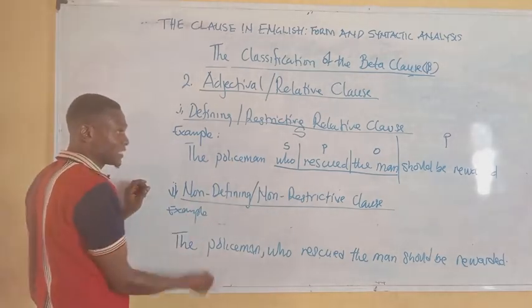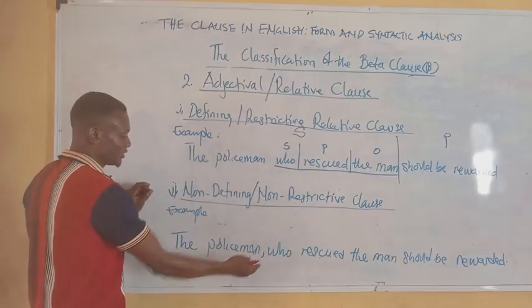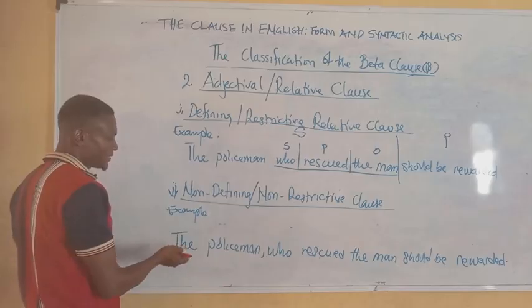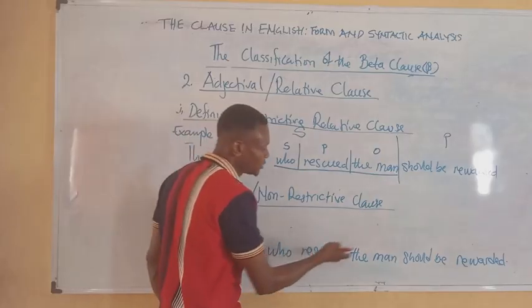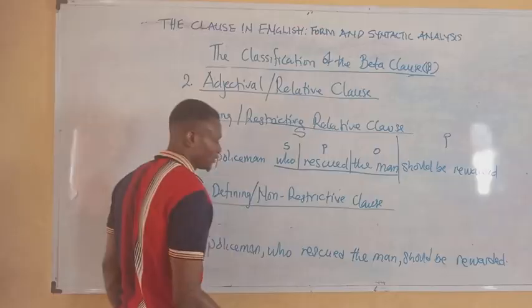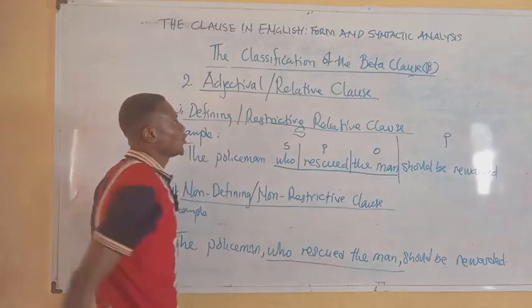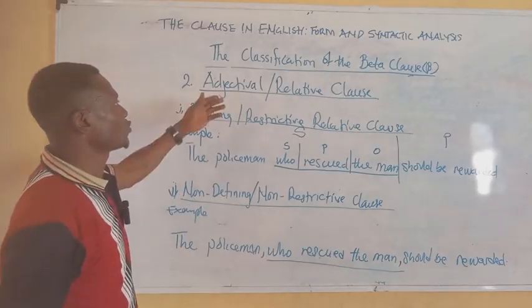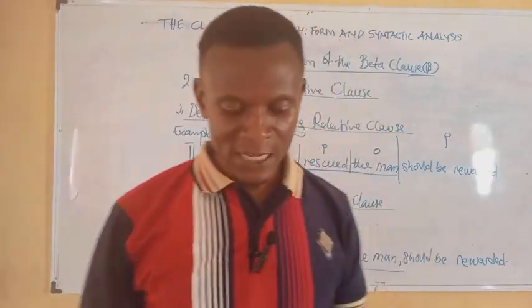So it's the same statement, just that here there is a comma: The policeman, who rescued the man, should be rewarded. So who rescued the man has the same analysis as what we have here. This is what we refer to as a relative or adjectival clause.